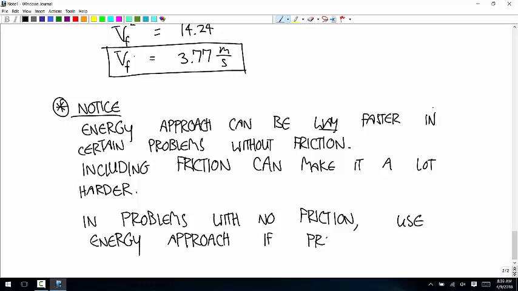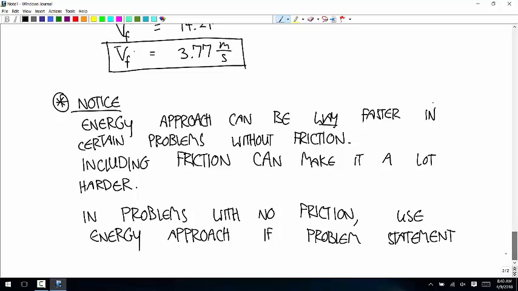If the problem statement, this is going to be on your next quiz, relates a position change to a speed change.